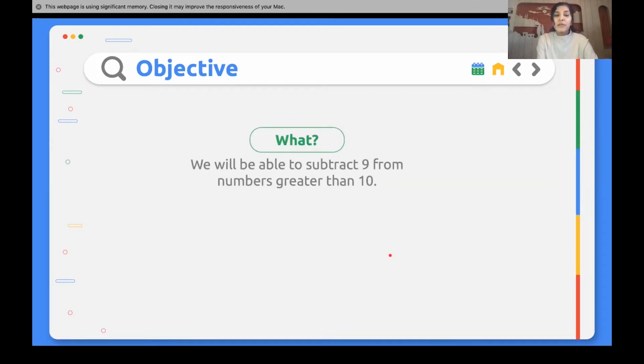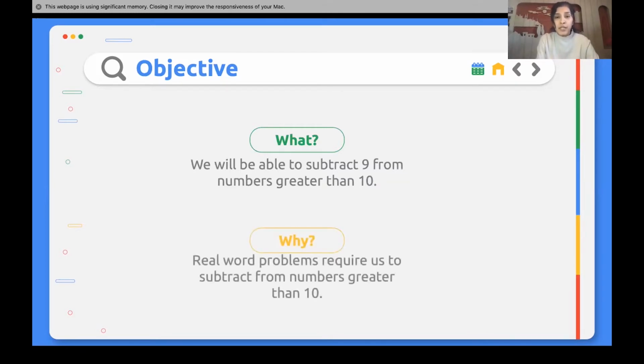It means that we will be able to subtract 9 from numbers greater than 10. So we'll be able to subtract 9 from 11. So we'll be able to do 11 minus 9, and we'll find the answer. And we'll be able to do 12 minus 9 and 13 minus 9. That's what our objective means.